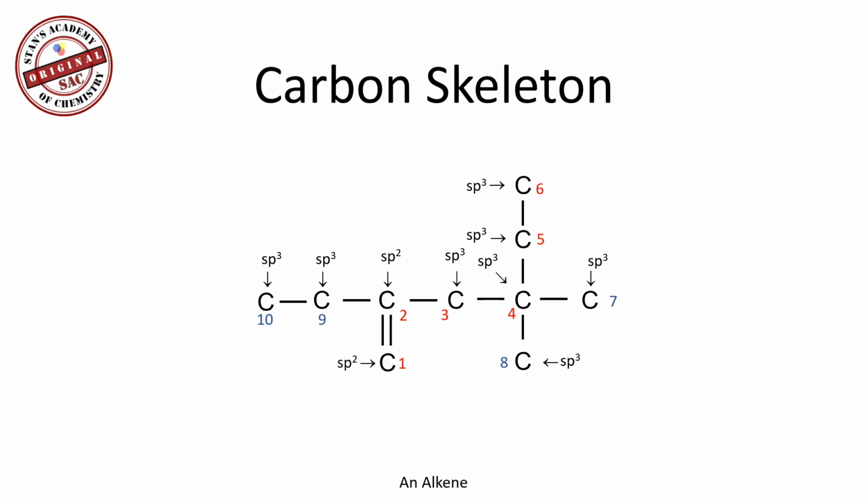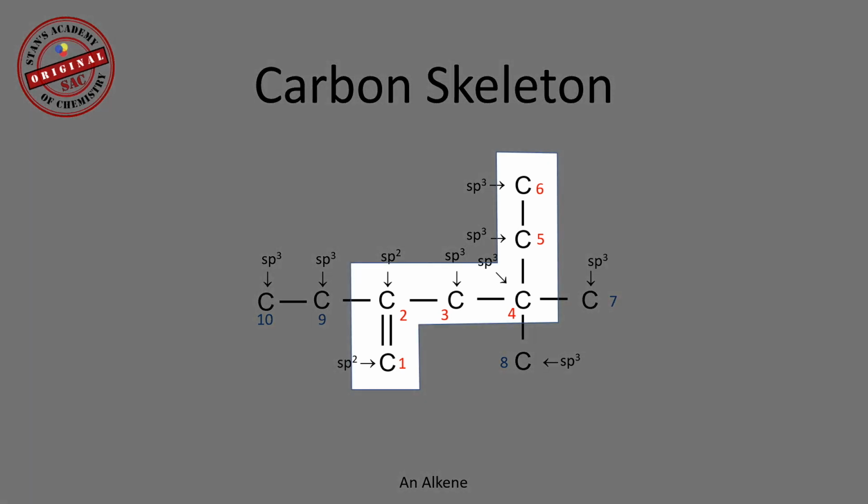So the actual bond angle should be 120 degrees. The rest of the carbon atoms from 3 to 10, they are all single bonded. They are alkanes. They will all be sp3 hybridized. Therefore, the bond angles should be 109.5 degrees. So this will help us in determining the shape or the bond line representation of this compound.